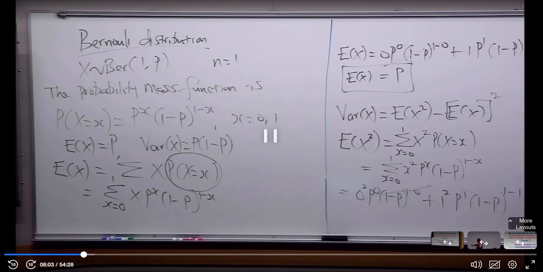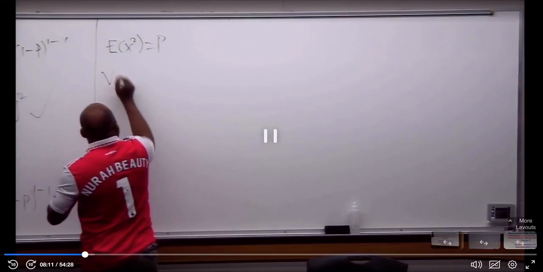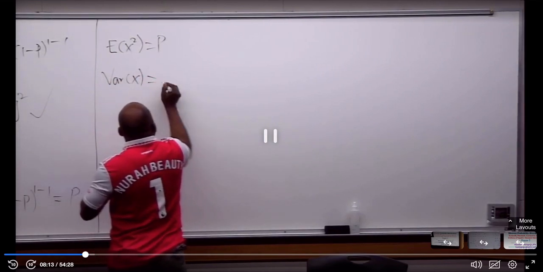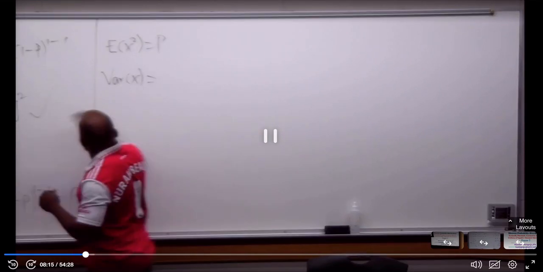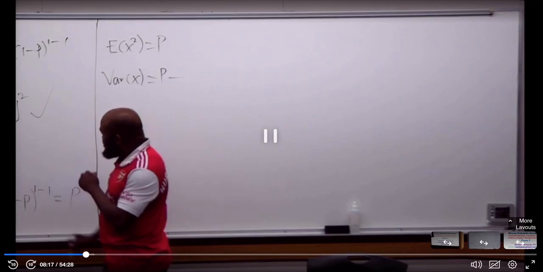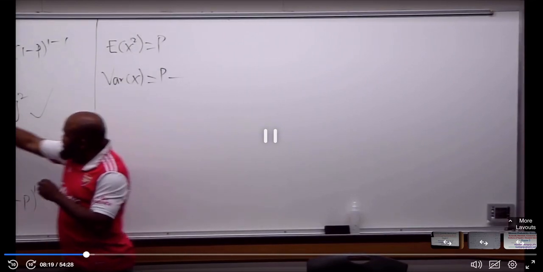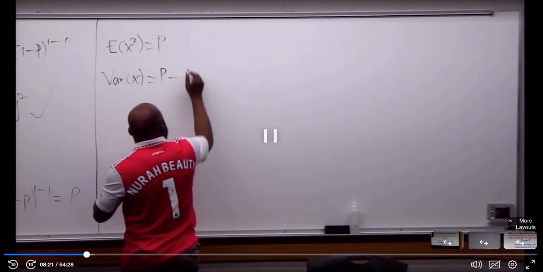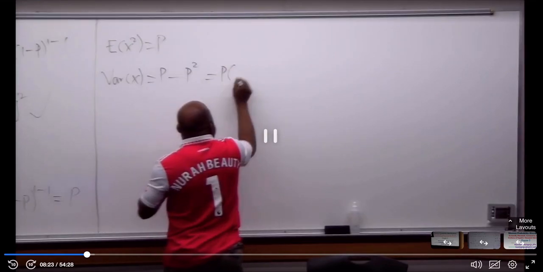So the expected value of X squared equals p. Now the variance of X is going to be the expected value of X squared, so p, minus the expected value of X all squared, which is p squared. And what do I have?